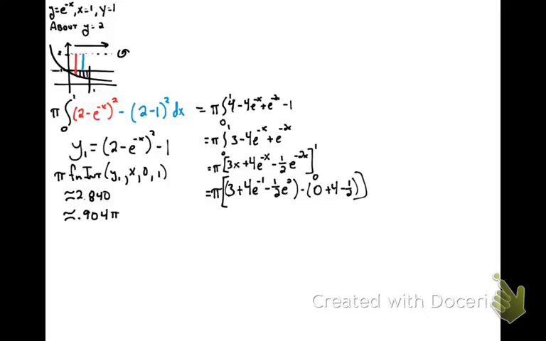And cleaning this up a little bit and rearranging, we will have 4e to the negative 1 minus 1/2 e squared. And 3 minus 4 is negative 1 plus 1/2 is minus 1/2. So I think that this part is what's different from the back of the book. I think that's a typo.